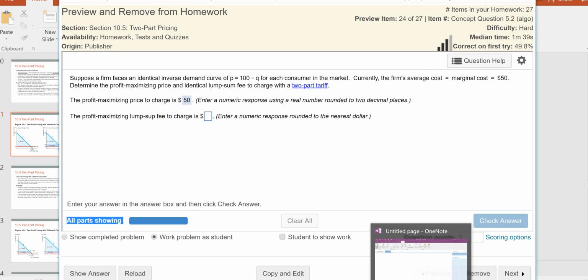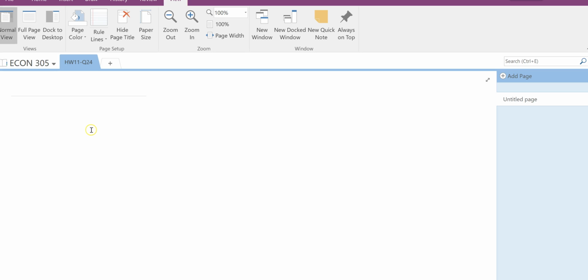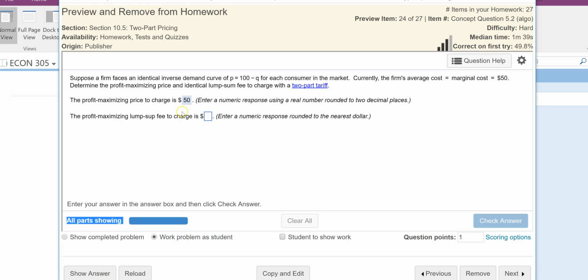In this case, I would draw a chart just to see better what is going on here. So this is not very beautiful. Q and price. So it's the inverse demand curve. Let's check the shape.